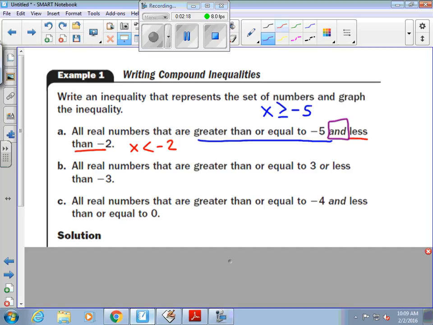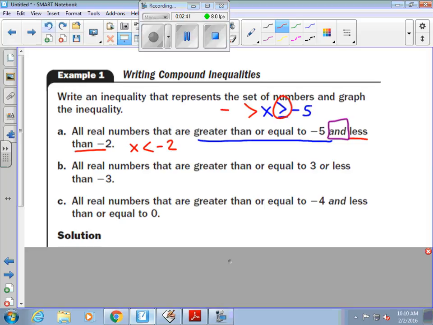This inequality in red we have up here, x is less than -2, will never go in the opposite direction as this one. They'll never go opposite. This one will never go this way. It will always go the same way.